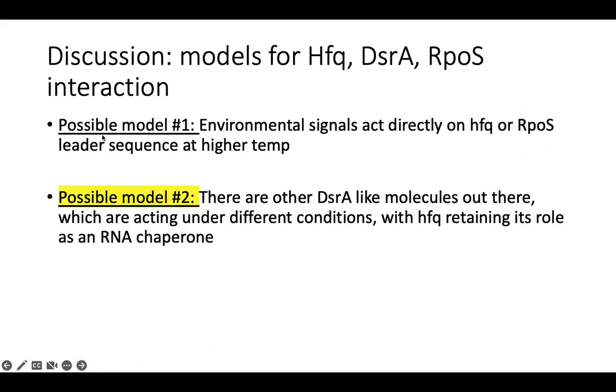Well, possible Model 1 that the authors proposed is that environmental signals are just acting on HFQ or on the rpoS leader sequence directly at a higher temp. But the model that I personally agree with, and I would guess that the authors probably support this model as well, we're thinking maybe there are other DsrA-like molecules out there.